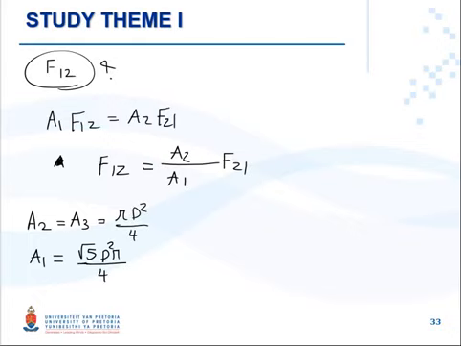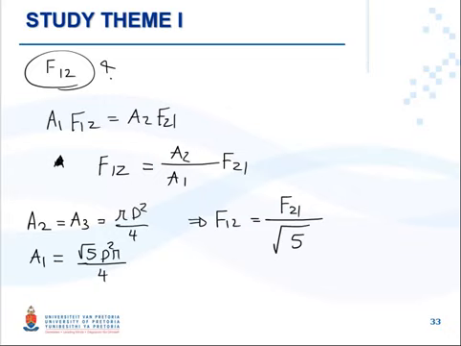If we put it into the correlation, we find F12 is equal to F21 divided by radical 5.